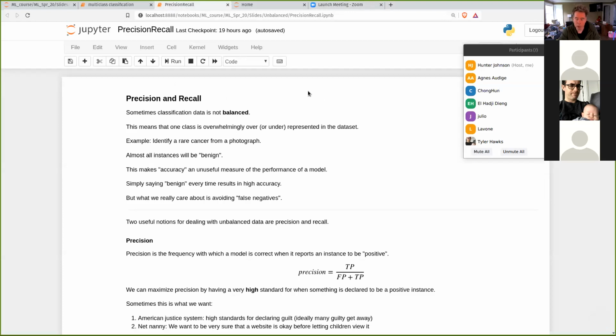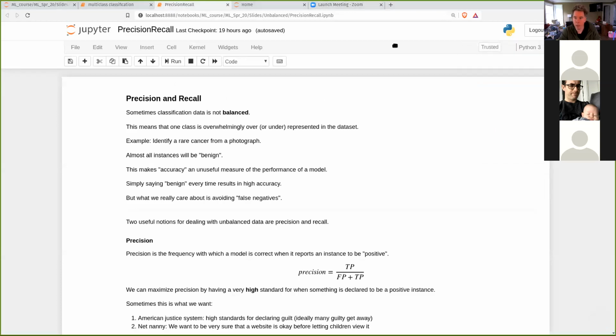All right, so the first thing that we're going to talk about is precision and recall. There's this funny thing that happens if you have an unbalanced data set, where positive instances are much more common than negative instances, or vice versa.